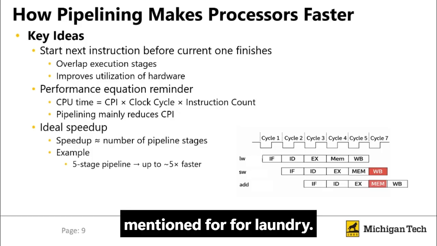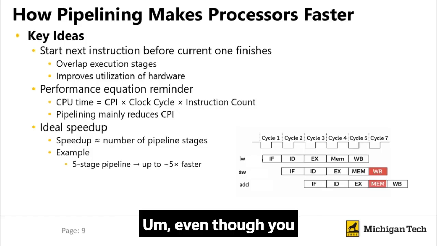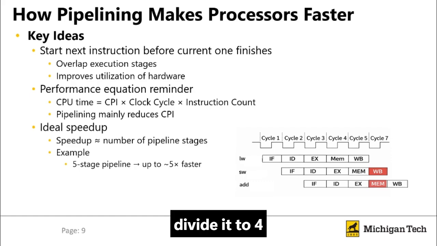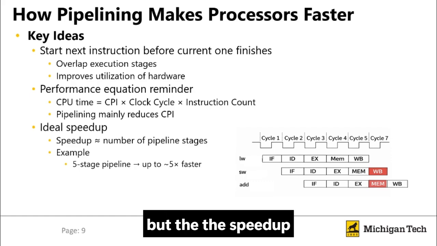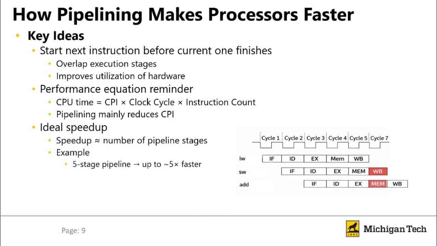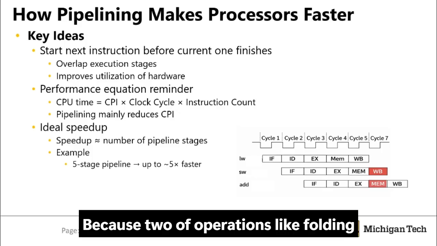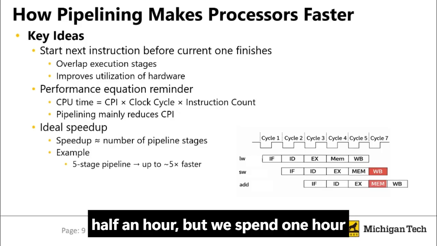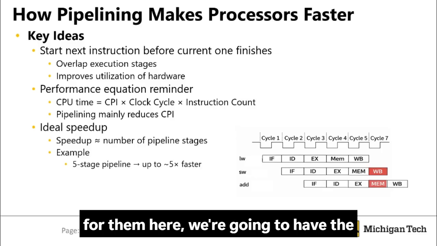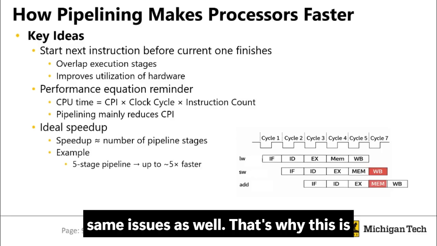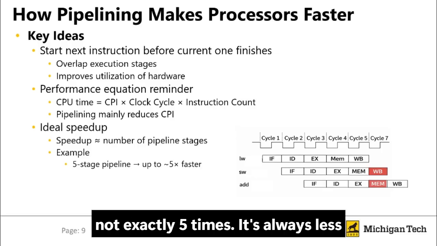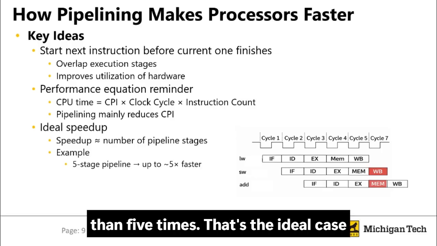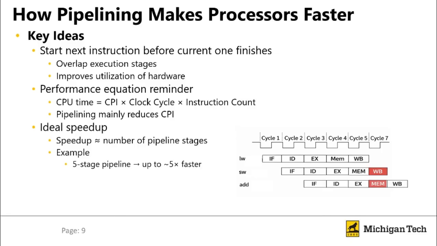Even though you divide it into 4, the speedup was almost 2, because two of the operations, like folding and putting in the closet, only need half an hour, but we spend 1 hour for them. Here we're going to have the same issue as well. That's why this is not exactly 5 times. It's always less than 5 times. The ideal case would be 5.